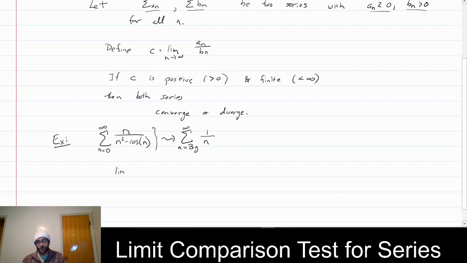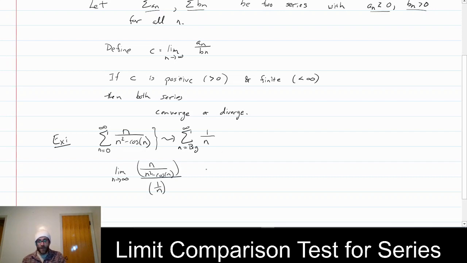We'll take the limit as n goes to infinity of a_n. It doesn't really matter which one we pick. So we can do n over n squared minus cosine of n, all over 1 over n.